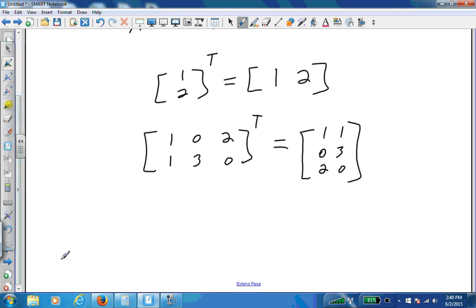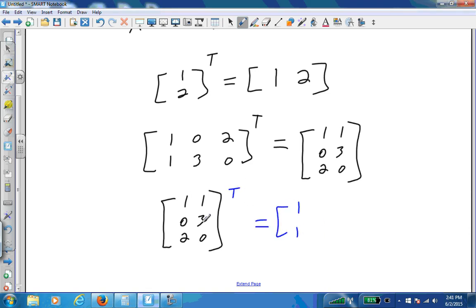Now notice if we take that answer and transpose it, then the first row becomes the first column, the second row becomes the second column, the third row becomes the third column, which gets us back to where we started. So if we transpose a matrix, then transpose it again, that gets us back to where we started. We just basically rotated it all the way around.